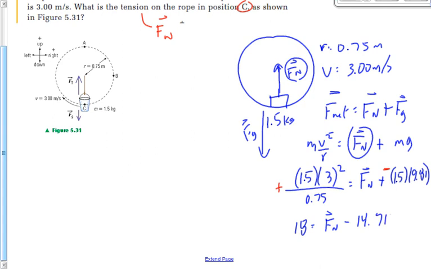Take that over to the other side by adding. We end up getting Fn is equal to 32.715. We're going to round that to 2 digits, 33 newtons.